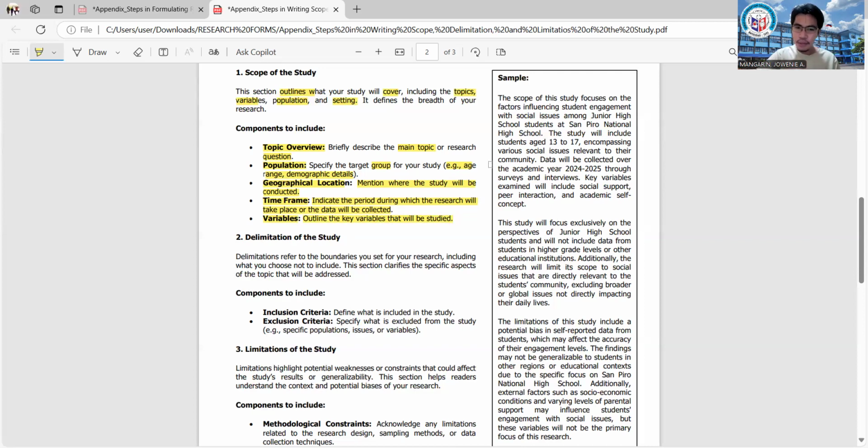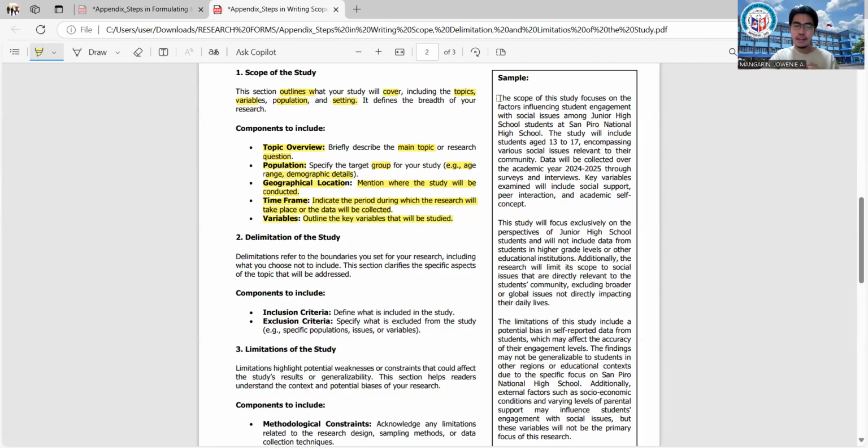So, tingnan natin itong sample na to. First paragraph is always the scope of the paper. So, nakalagay dito, the scope of this paper focuses on the factors influencing students' engagement with social issues among junior high school students at San Pedro National High School.